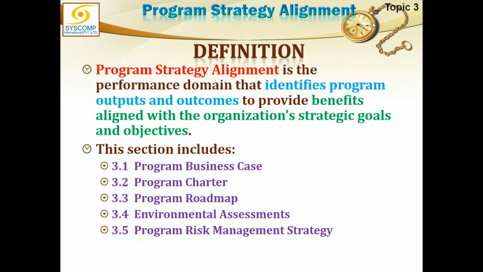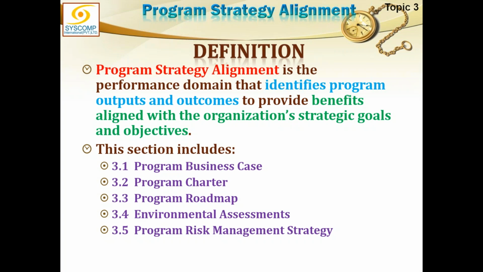Program strategy alignment naturally is the very first domain. And the purpose of this domain is it identifies program outputs and outcomes. Meaning what? We want to be sure what are the benefits which are ultimately going to be realized out of this program, what is the strategy of this program, and how it is going to achieve those outputs and outcomes, and for that matter, how the benefits are going to be realized.